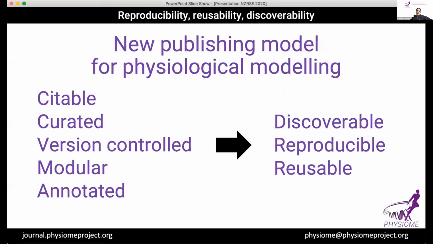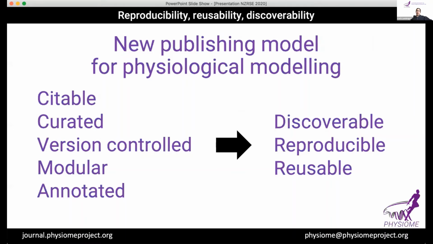So basically what we're saying is that there isn't really any good way of publishing code, and that's what we want to do. We want to make a new publishing model for physiological modeling. And by making the code and the model implementation citable, we will make it more discoverable, which in turn will make it more reusable because people can find it easier.